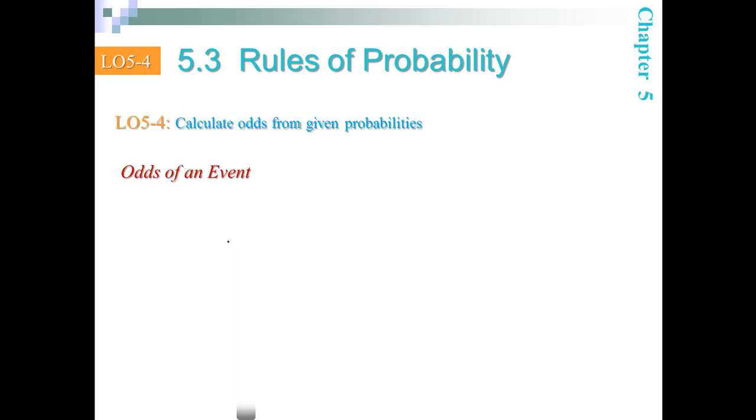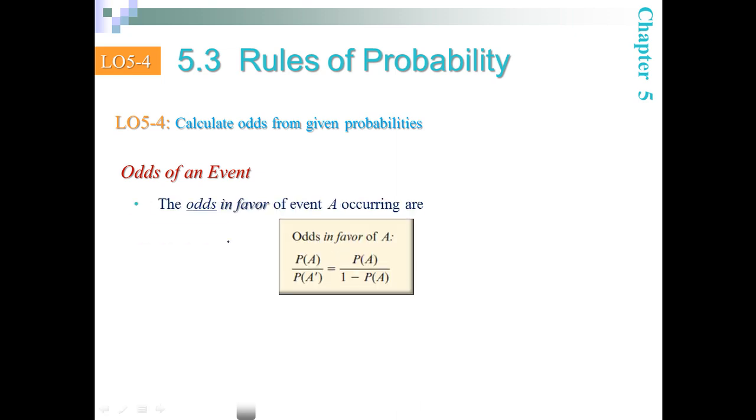The last thing we're going to talk about in this video is the odds of an event and being able to calculate the odds of an event given a probability. The odds of an event are something that we often hear, and the odds in favor of an event are just the ratio of the probability of the event to the probability of the complement of the event.